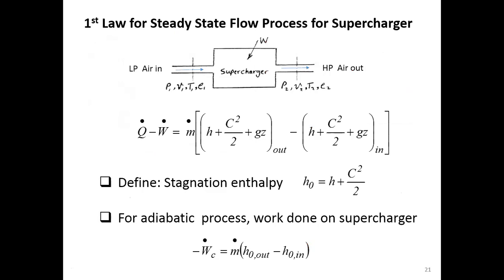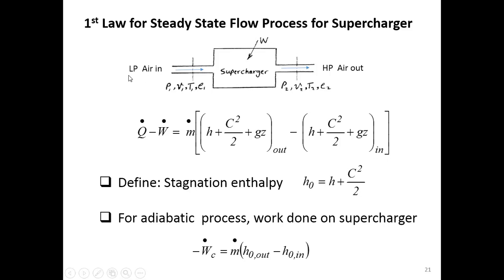Okay, now let's look at the analysis. If we use superchargers, we have only compressors. The approach that we use to analyze the compressor is the first law for the steady state flow process, if you still remember.